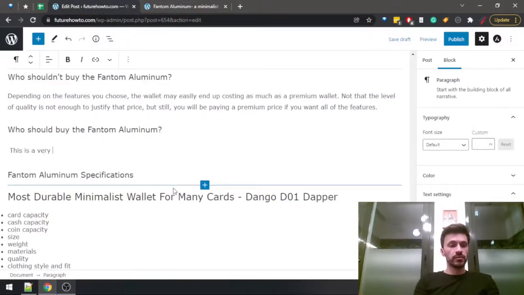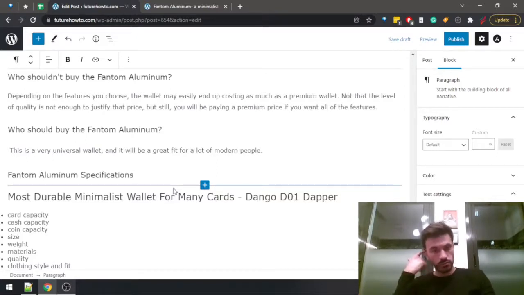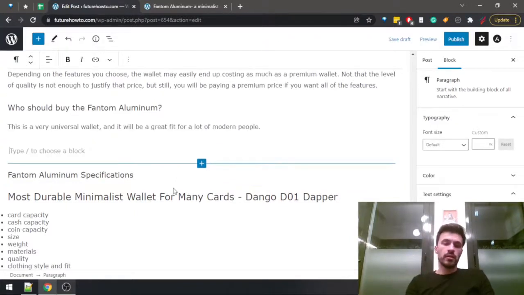This is a very universal wallet, and it will be a great fit for a lot of modern people. Maybe some women will choose to buy it for some reason. Obviously, its light weight is its strongest point.